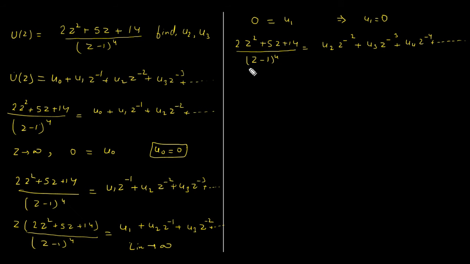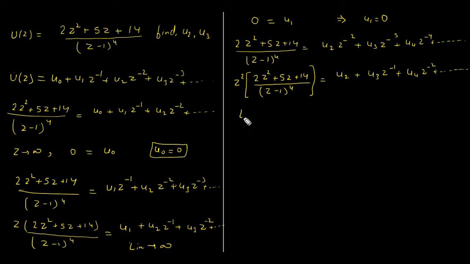Multiplying by z², it will be independent of z: z² times (2z² + 5z + 14) upon (z − 1)⁴ is u2 plus u3 z⁻¹ plus u4 z⁻² and so on.